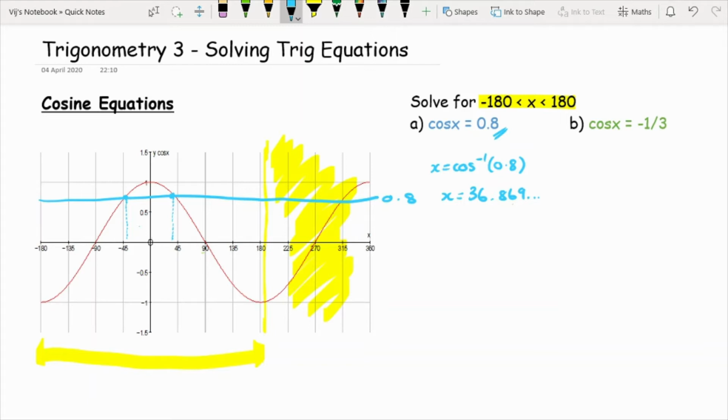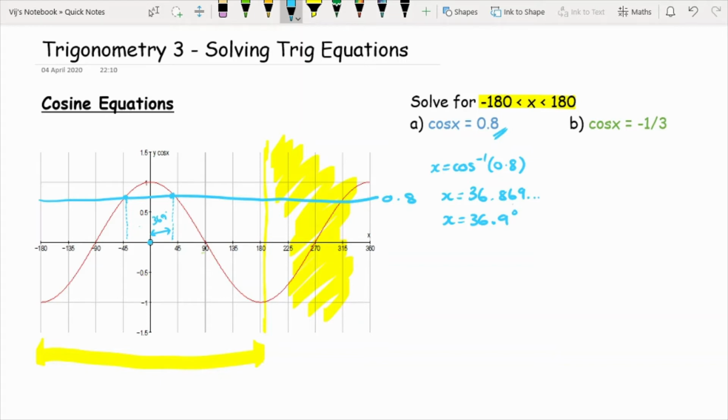Rounded, it's going to give me x equals 36.9. Your scientific calculator will only give you one of the angles, not all of them, and it'll probably give the one that's closest to the origin. So I know that this distance here is 36.9 degrees, because it starts at the origin and goes to my first point.